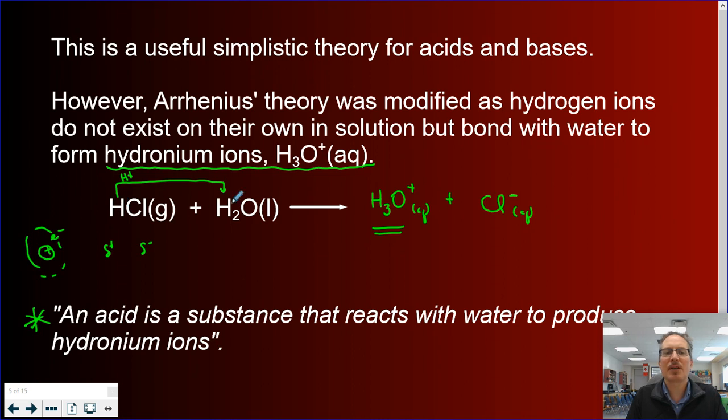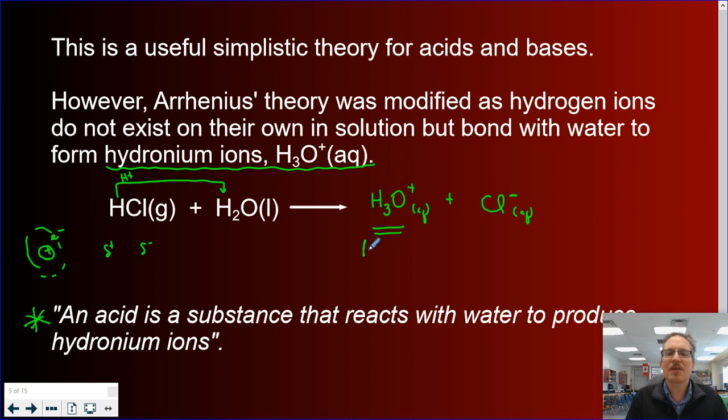So we have one, two, three hydrogens, one oxygen, one chlorine, one positive plus one negative, no charge, no charge, no charge, no charge. It's still going to equal each other. However, instead of the definition being hydrogen ion, it's now going to be hydronium ion.